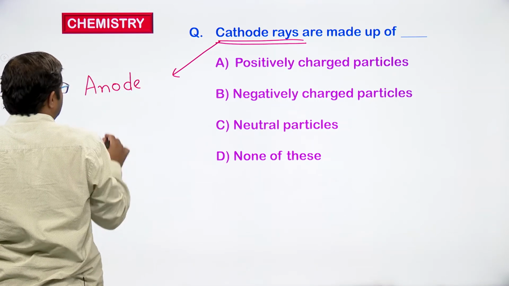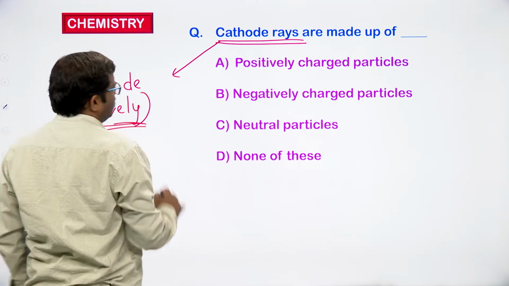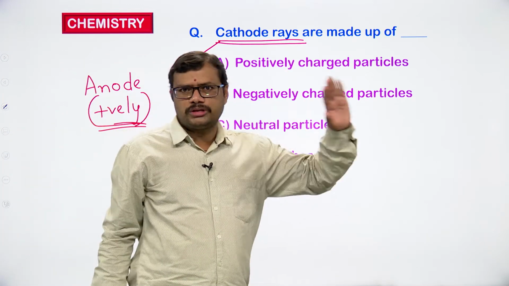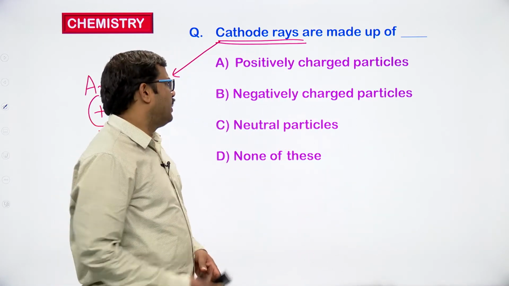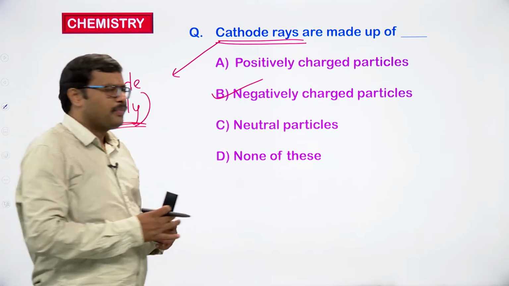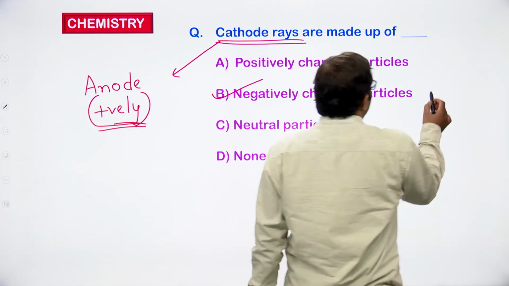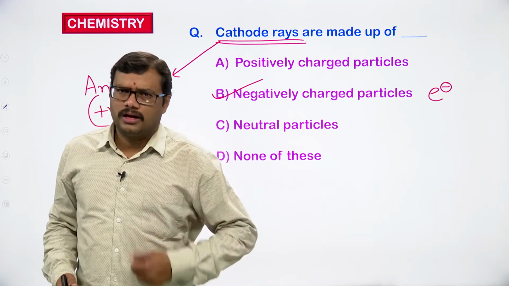The metal plate which is positively charged is the anode, okay. Since the cathode rays are travelling towards a positive terminal, we can say that these are particles having a negative charge. So cathode rays are negatively charged particles. What are cathode rays? Cathode rays are nothing but electrons, okay.